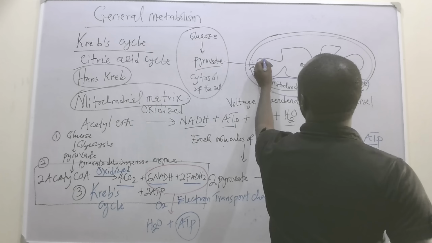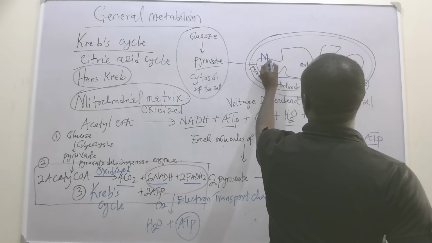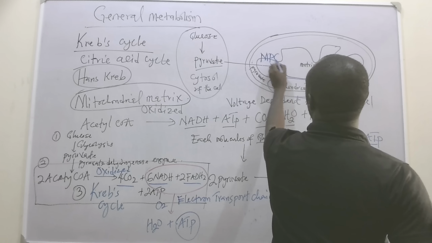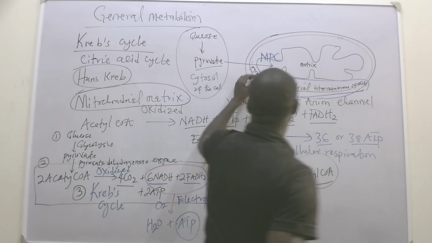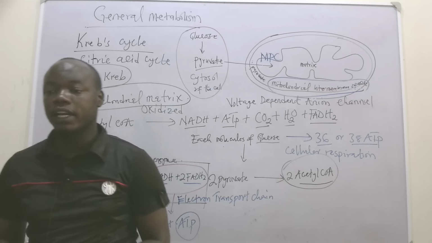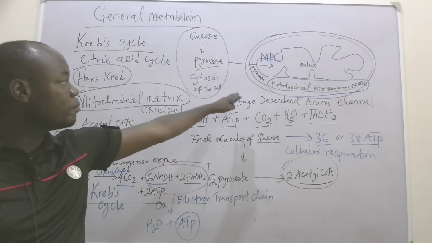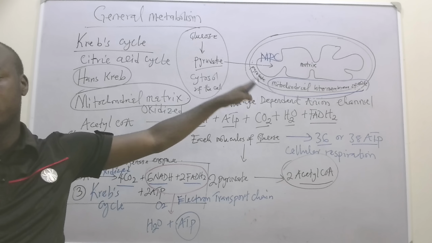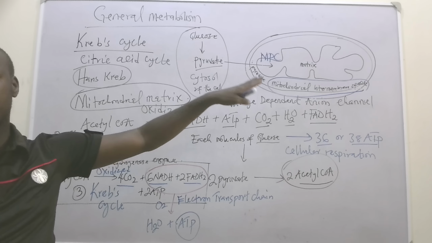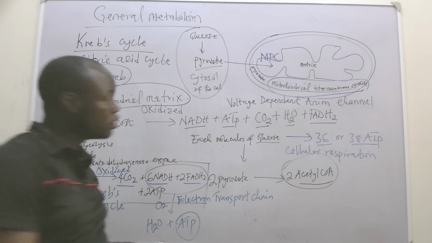So the pyruvate moves from the mitochondrial inner membrane space to the matrix of the mitochondria using a mitochondrial protein complex.